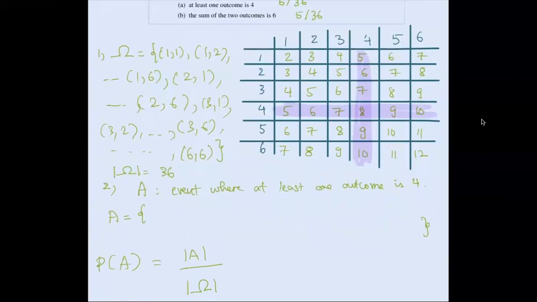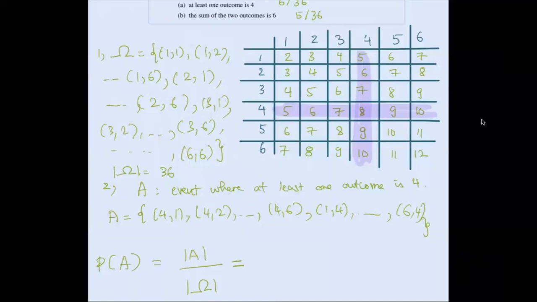So what you have to do is write down something like 4, 1, corresponding to 4 and 1. And then this one corresponds to 4 and 2. And then up to 4 and 6. And then you write down the row here, which is 1 and 4, up to 6 and 4. In the exam, we do expect you to write out everything, not just dot, dot, dot like I did. I did it here just for the sake of time.